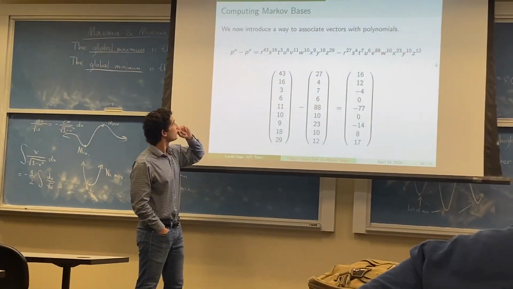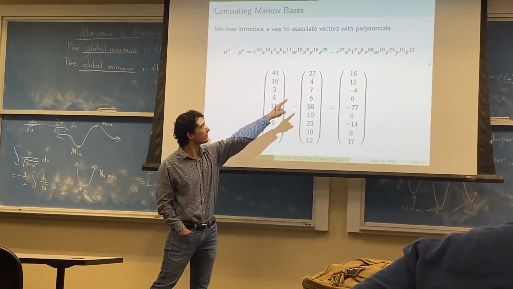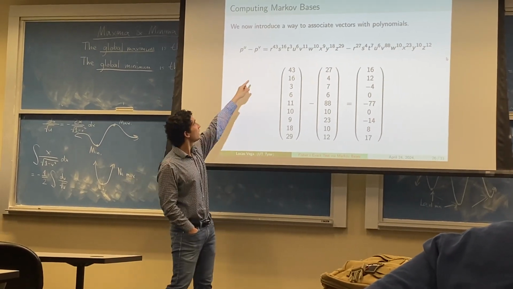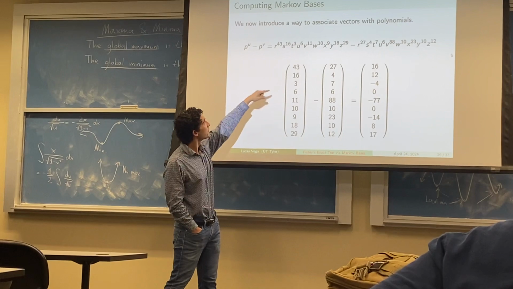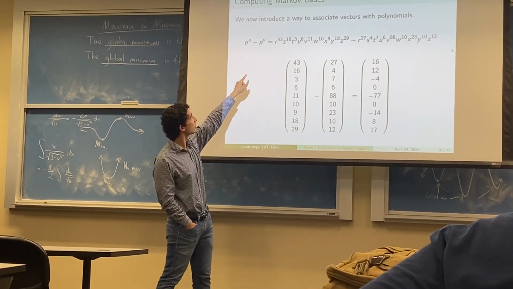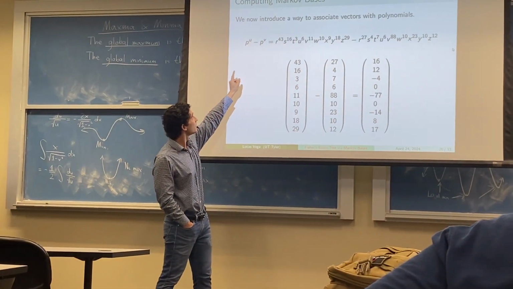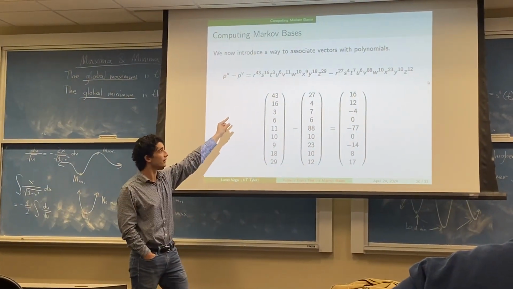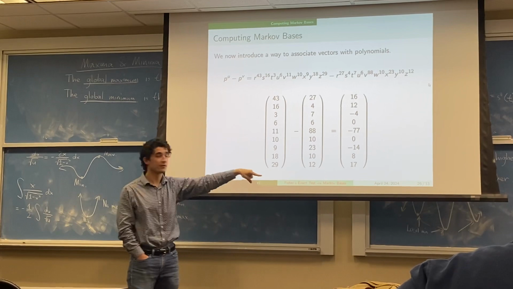For instance, in the R spot, which is the very top one, 16. 16 is 43 minus 27. It's the power of R in the PU vector minus the power of R in the PV vector. And then we just complete this for the rest of the vector.